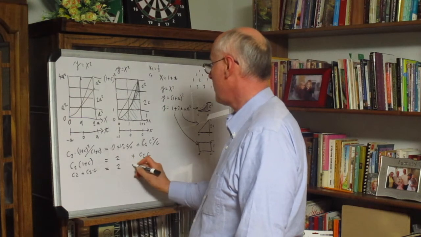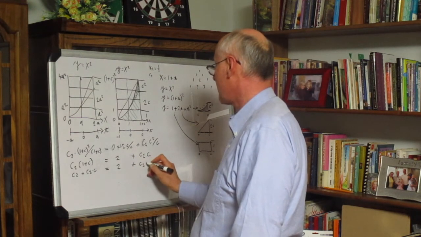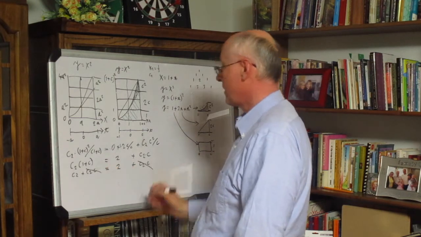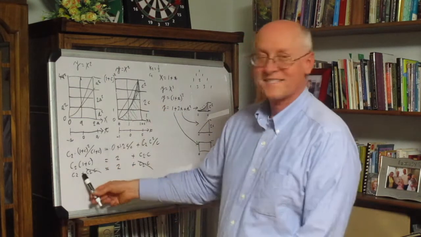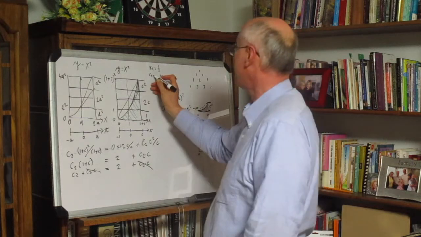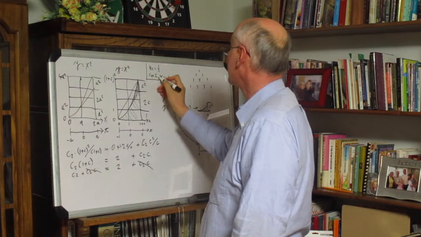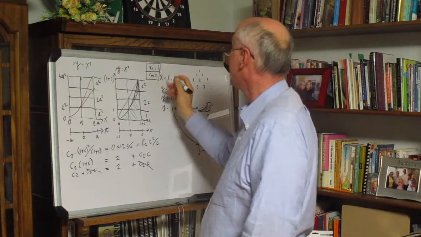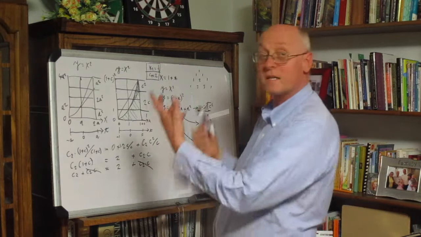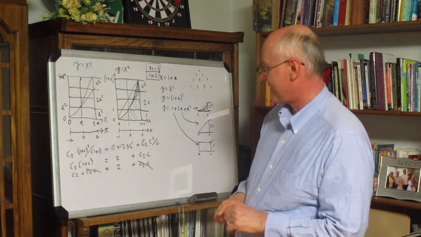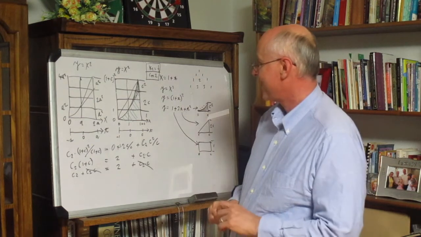Equals 2 plus C2 times C. Well, this cancels out. And voila, we get C2 is equal to 2. That's what we're after. And we got it using a little bit different setup, the Wahlberger setup. So there you go.